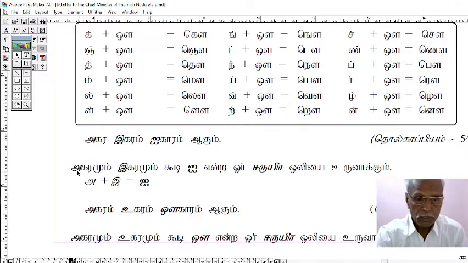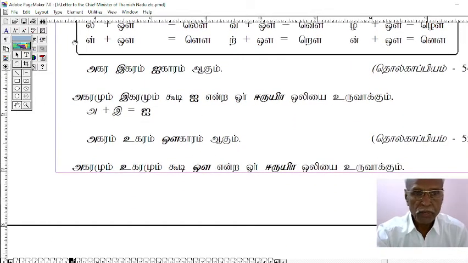That is, A would combine with E forming I. That is explained by this definition. Definition 56 says, அகர உகரம் ஔகாரமாகும். That is, A would combine with U forming the diphthong au.